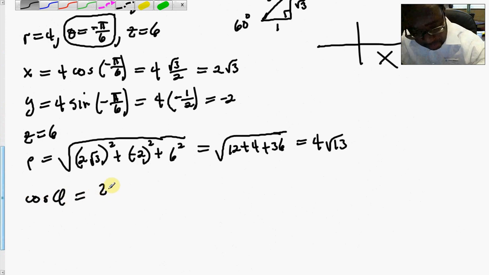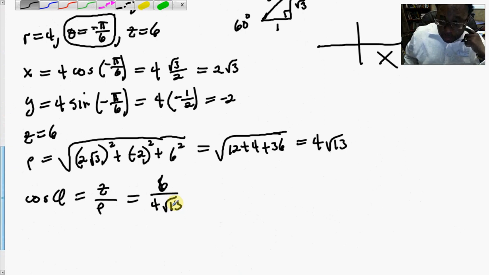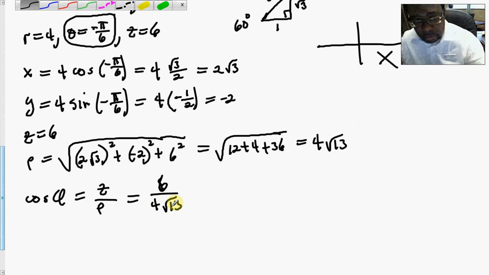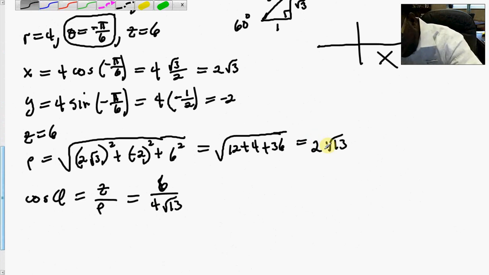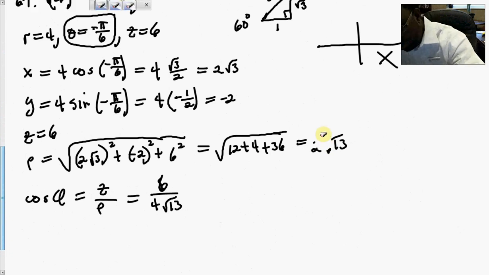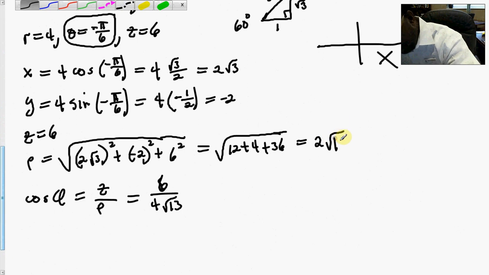Cosine of phi is equal to z divided by rho. z is equal to 6 all over 2 times the square root of 13.